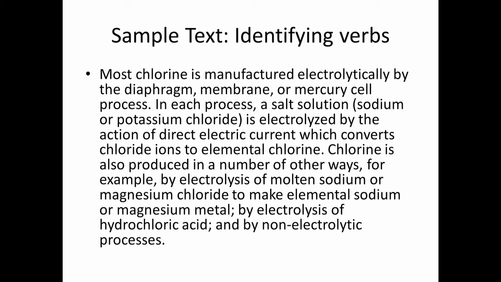Chlorine is also produced in a number of other ways, for example, by electrolysis of molten sodium or magnesium chloride to make elemental sodium or magnesium metal, by electrolysis of hydrochloric acid and by non-electrolytic processes. How many verbs did you see here?